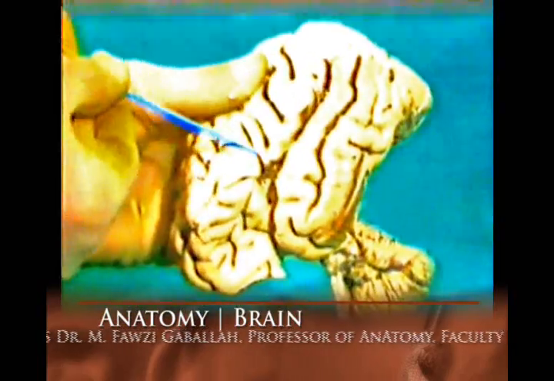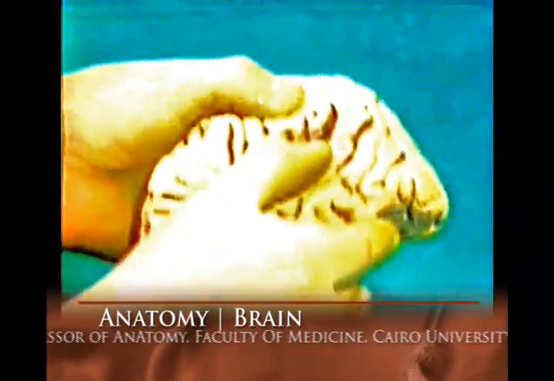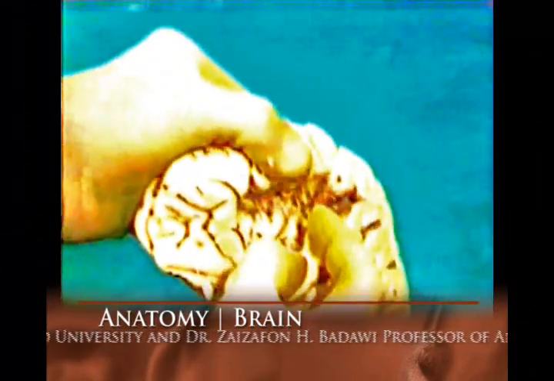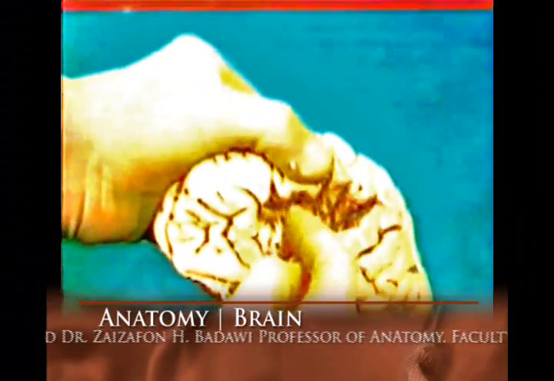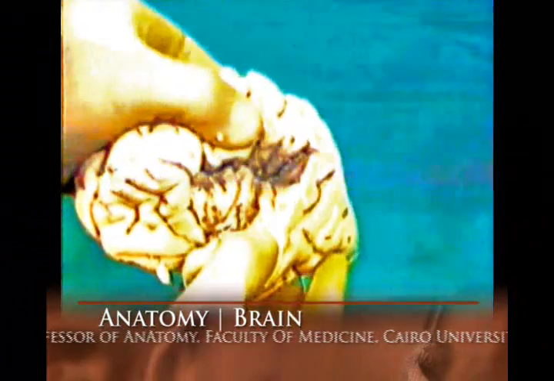If its lips are pulled apart, the insula is exposed in the floor of this sulcus, which is a hidden part of the cerebral cortex, having the middle cerebral artery running over its surface.